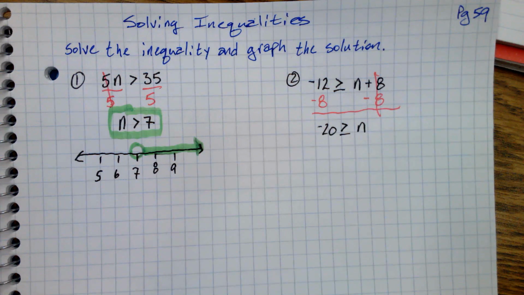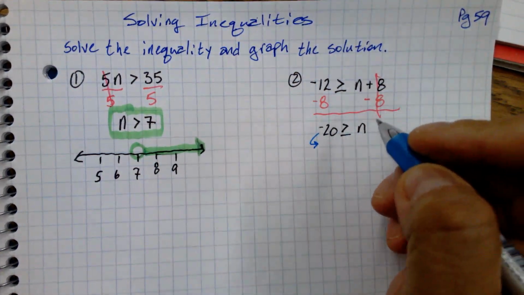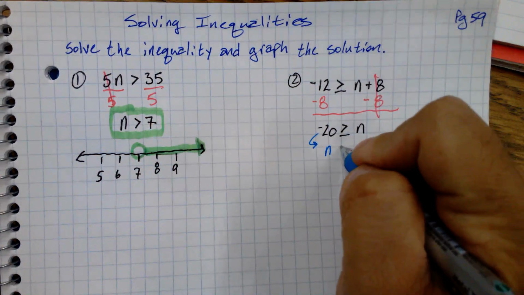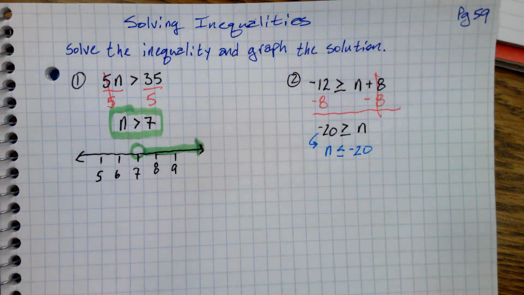But I'm kind of a visual person. I want to do one last thing with this answer. N is less than or equal to 20? Flip it, yeah. And we'll do what Gabriel just said. N is less than or equal to negative 20. Okay? So the reason is it's a little more obvious after we do that how it is we're going to graph.